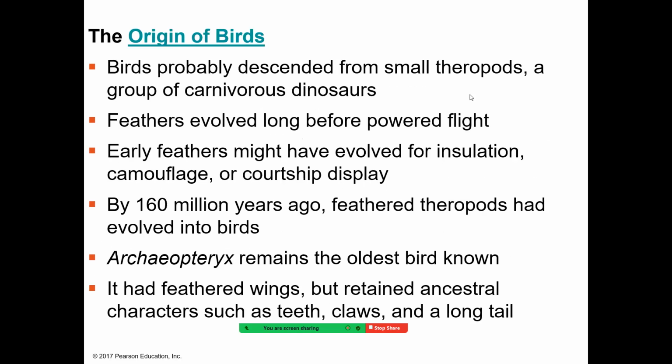So birds probably descended from small theropods, a group of carnivorous dinosaurs. Feathers evolved long before powered flight, so there are some new fossil records that show that there were dinosaurs that had feathers. That would be a transitional fossil, just like Tiktaalik was a transitional fossil.